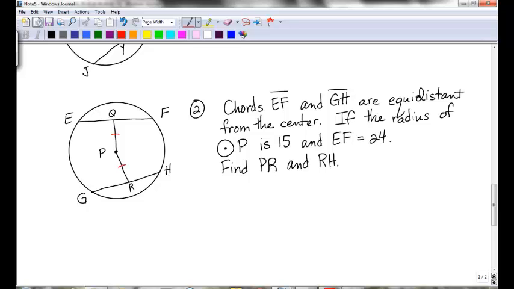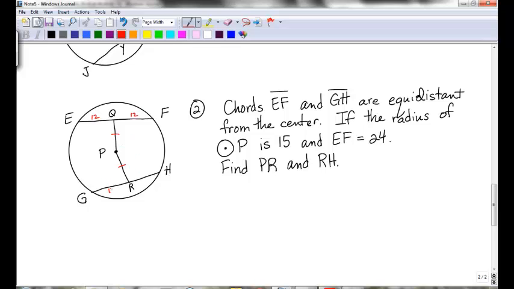If the radius of the circle is 15 and EF is 24, this is 12 and this is 12, right?